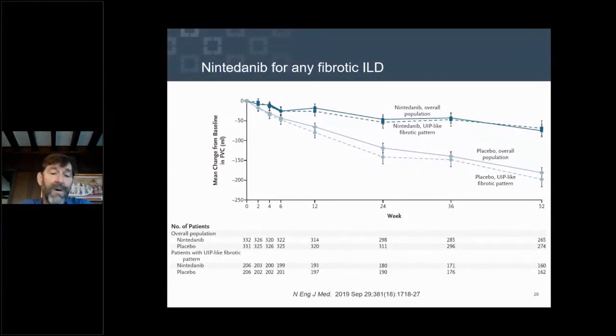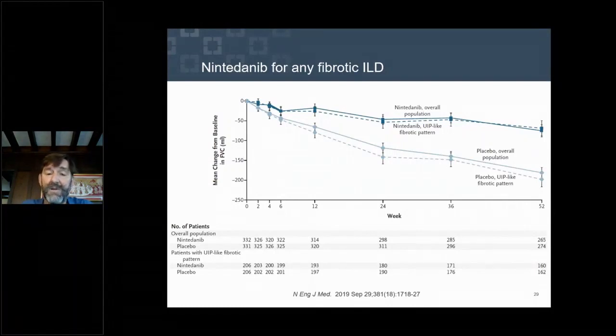And what they showed was that if you had PPF in the absence of UIP, when given nintedanib, you had benefit. Again, the people on treatment lost about 150 to 180 mLs. The people on placebo lost 50 to 80 mLs. So it reduced the decline in non-UIP fibrosis.